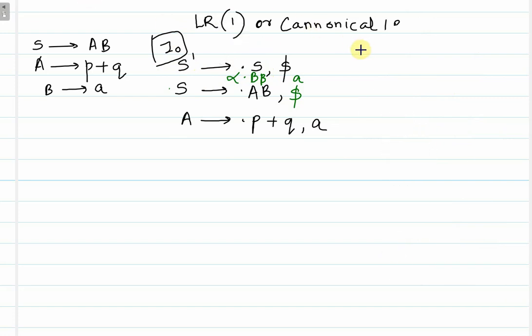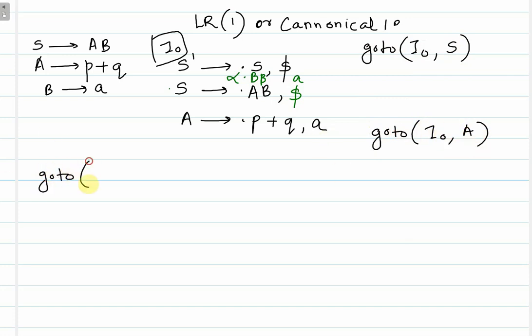I'll compute goto of I0 on S, goto of I0 on A, and goto of I0 on P. Goto of I0 on S will be S' → S., $. Just shift the dot by one position and keep the same lookahead symbol. This will be I1.